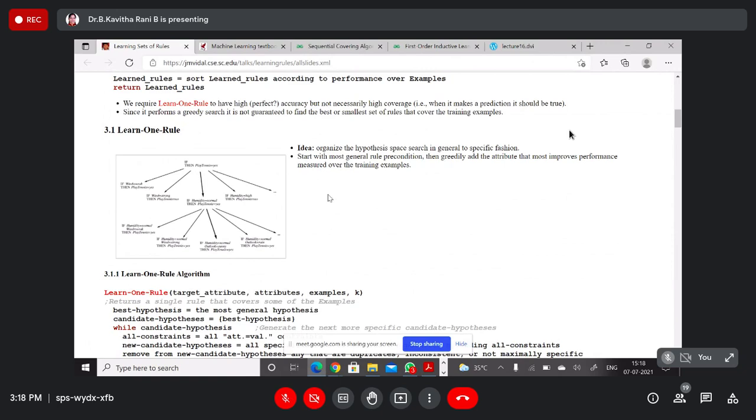We start with that, then greedily add some attributes to that rule and generate other rules, which we apply to all the examples in the data set. So this is nothing but learn one rule.